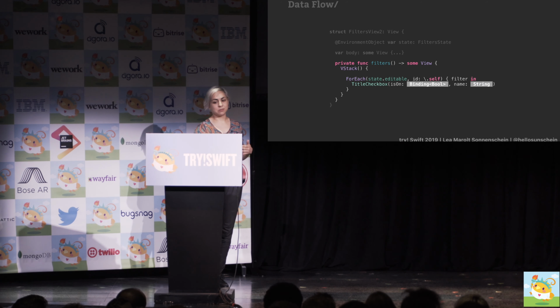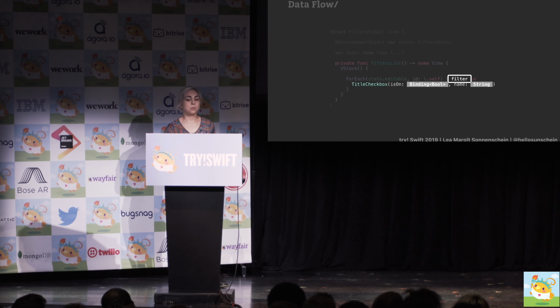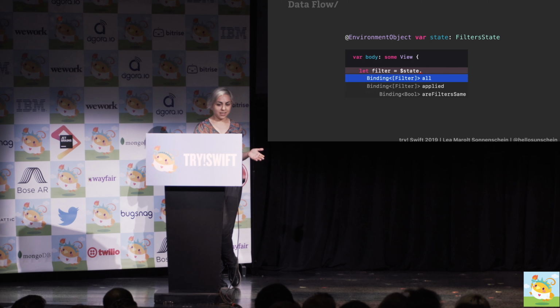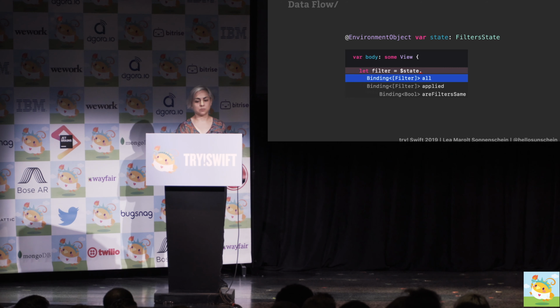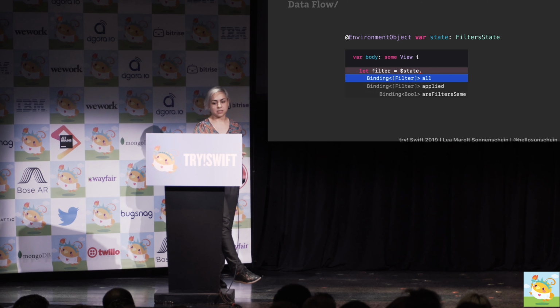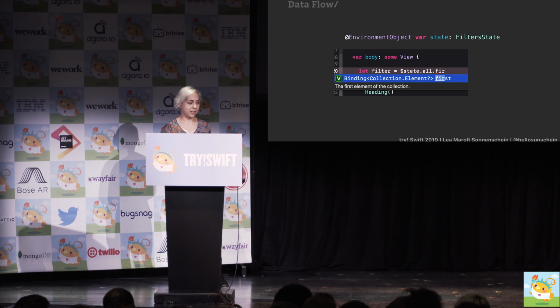To make a list with SwiftUI, we use this ForEach structure to loop through all the filters and create our individual views. But when we access this filter, it doesn't actually retain any of the bindable aspects of the environment object. Even though if we access the filters property through the $ sign elsewhere, we can see that its immediate properties are annotated with binding, as are the elements of the array.